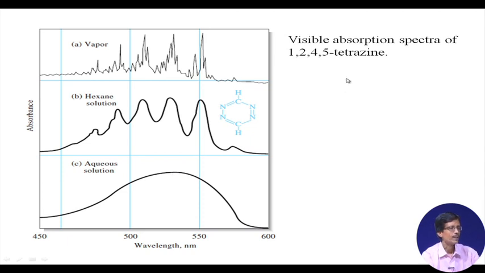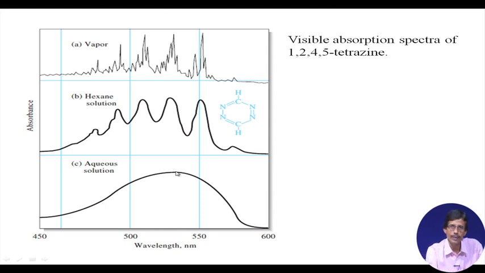So this tetrazine molecule dissolved in water can give rise to a very broad absorption spectrum in the visible region, recorded from 450 nanometer to 600 nanometer, with the absorption maximum at 525 to 530 nanometer.